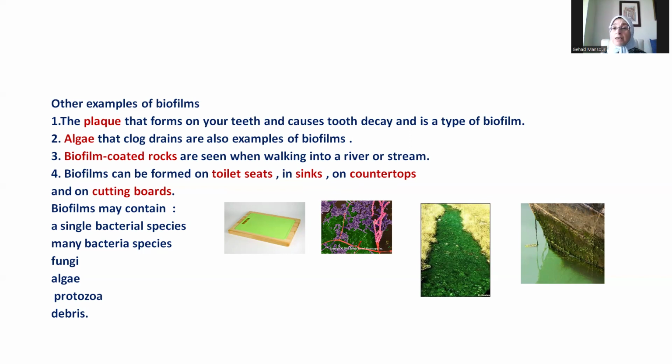But biofilms can also form on cutting boards. Why? Whether you use a cutting board to cut raw chicken and raw meat, or to cut vegetables and fruits. Sometimes people cut vegetables into slices without washing them previously, and then they wash them later on.